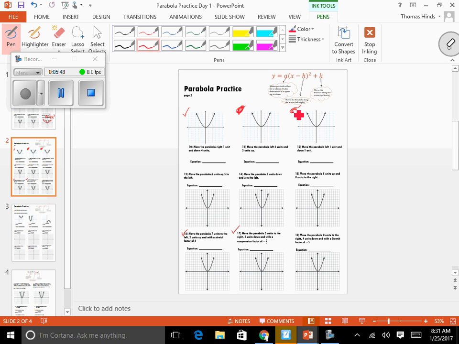Now, again, for some of you, trying to move the actual picture around, let them tell you exactly what to do on those. So remember the up.